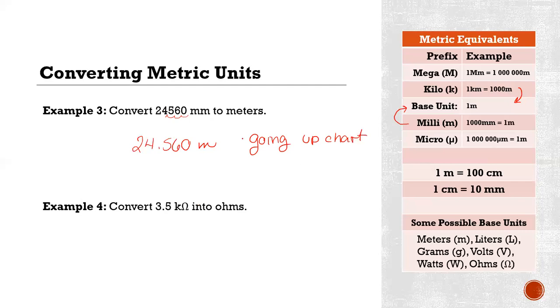I'm going to write that as just a note here. Going up the chart, we're going to move the decimal left. Okay? When we go right, going down the chart, we're going to move the decimal left. Did I say left?